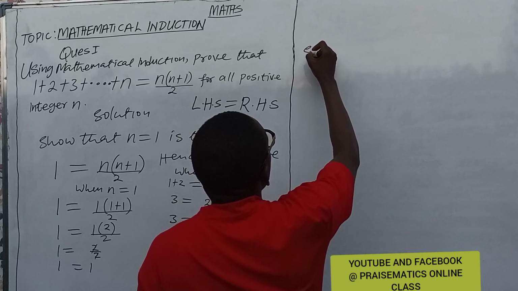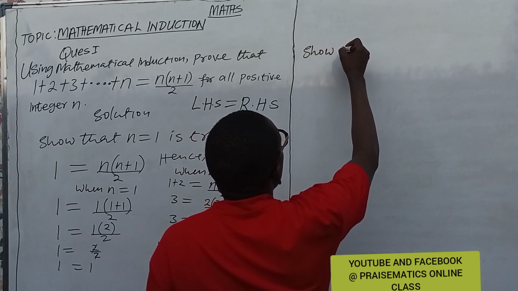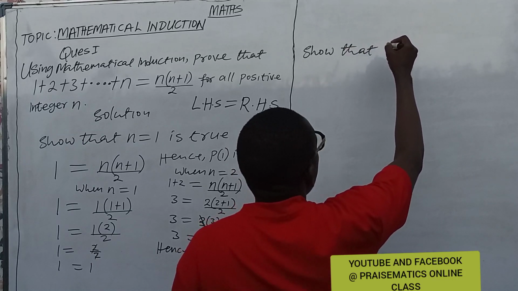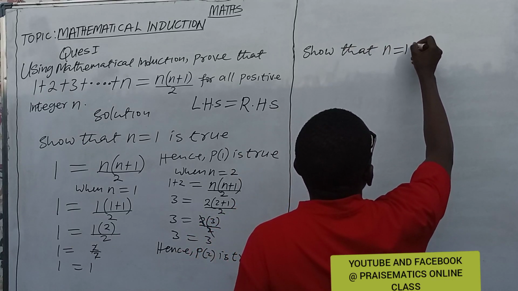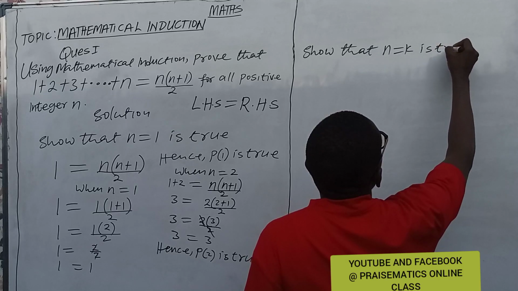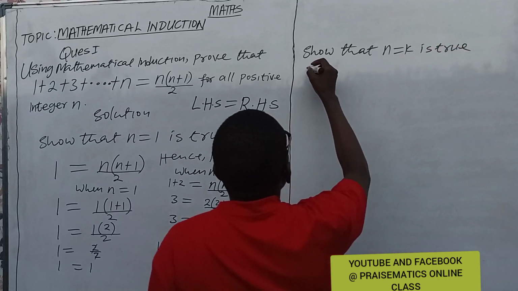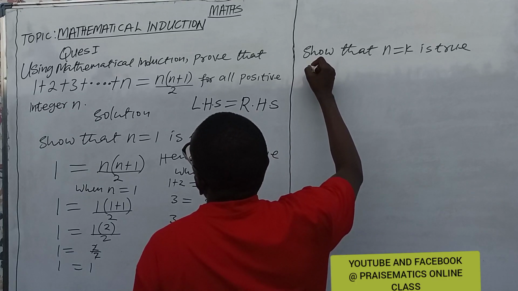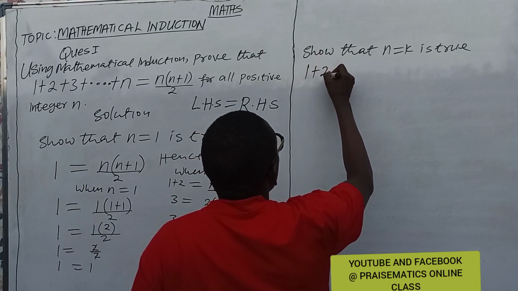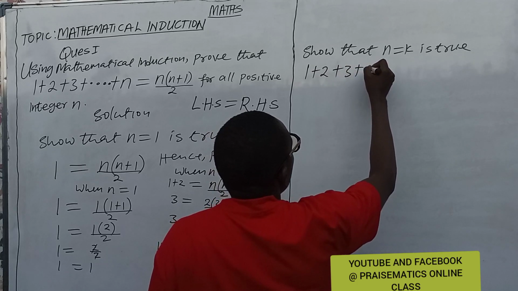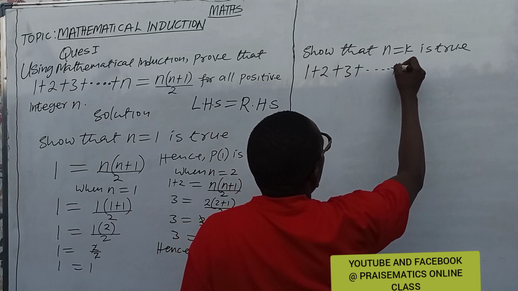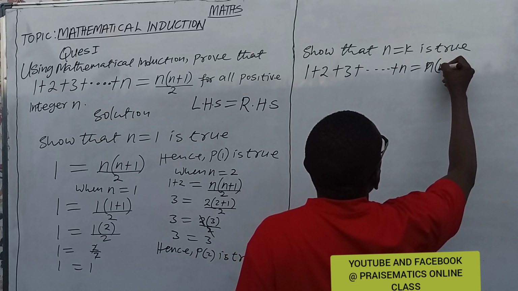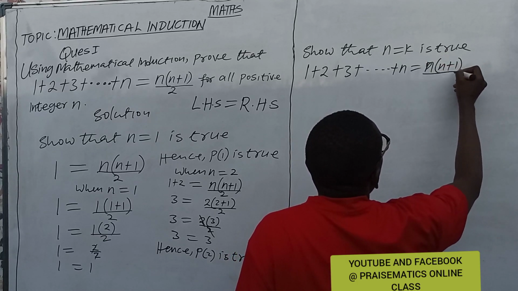Okay, now step 2. Let's show that n equals k is true. From this place, anywhere we see n, we call it k. We have from the question 1 plus 2 plus 3 plus up to n equals n into n plus 1 all over 2.